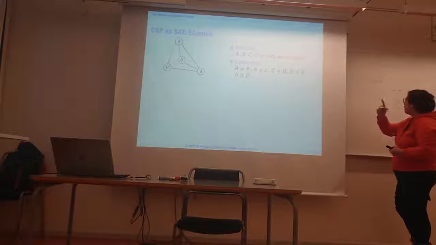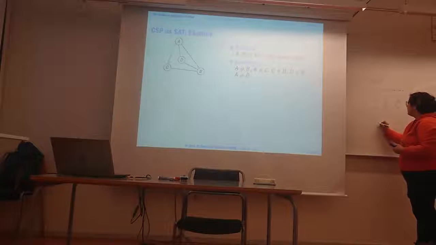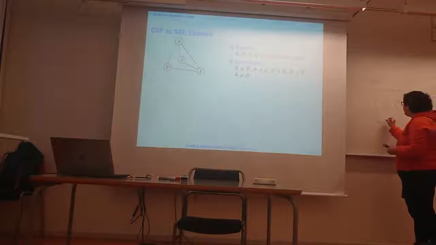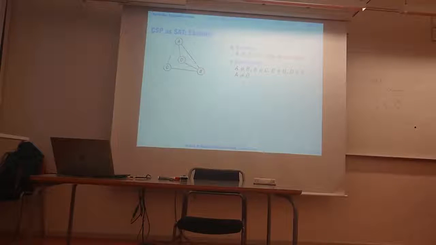The variable A in the CSP has to be red or green or blue. But it cannot be both green and red at the same time, and it cannot be red and blue at the same time.